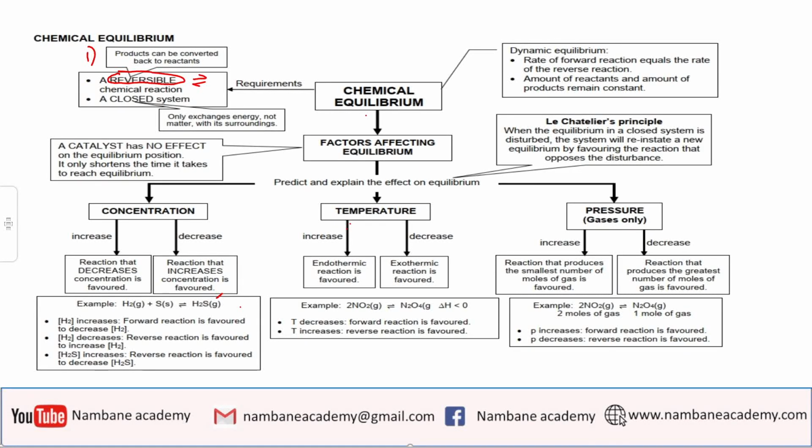So once you see double arrows, it is reversible. Then a possible question is: define reversible reaction. A reversible reaction is a reaction in which products can be converted back to the reactants.